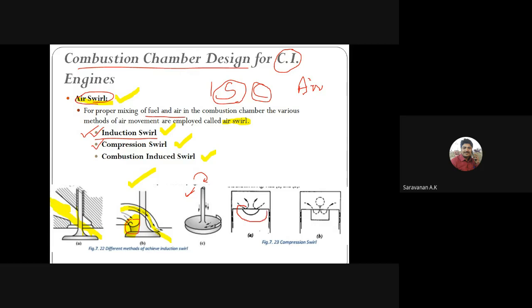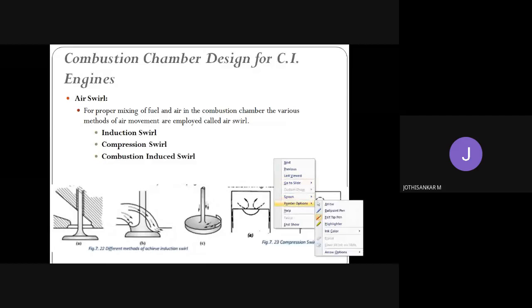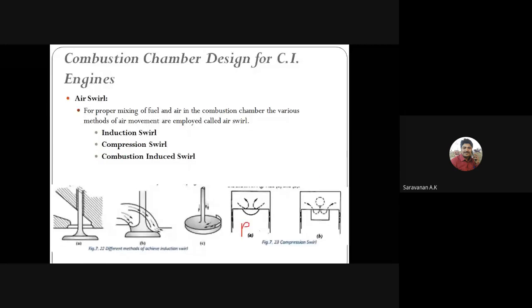Here you can see the piston, and at the top of the piston is the combustion chamber. Here we have a shape, and due to that shape the air swirl may occur.